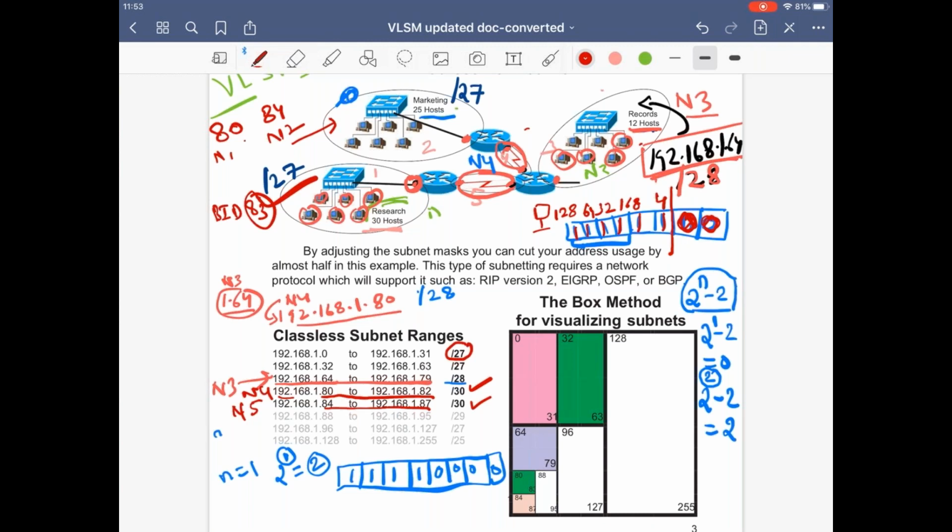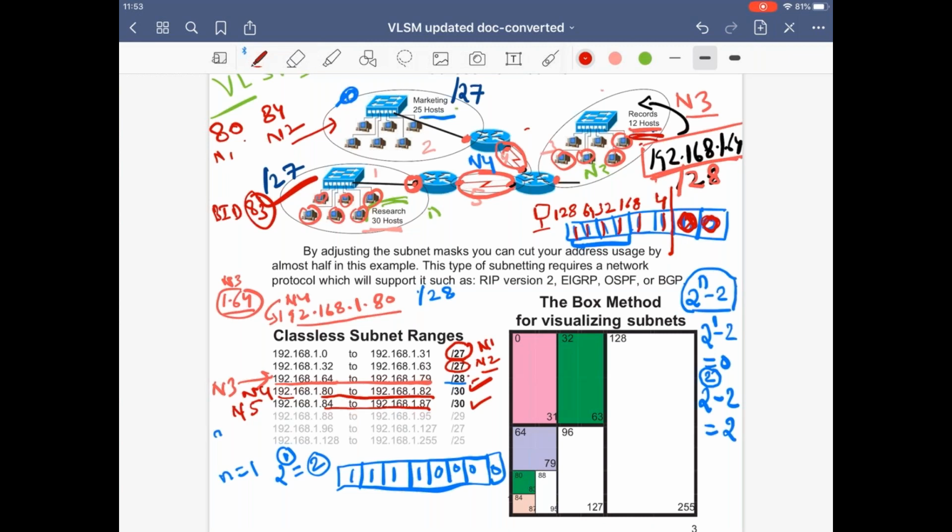And the second network was the same. With the help of that subnet mask, or the slash value, we found our N1 and N2. After that, according to our requirement of 12 hosts, we made changes in the subnet mask, so it became /28.